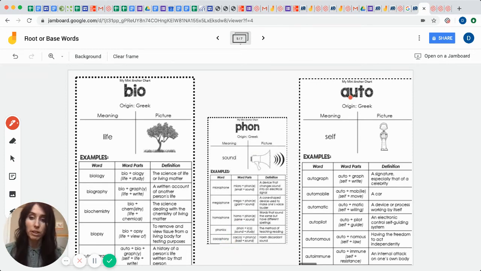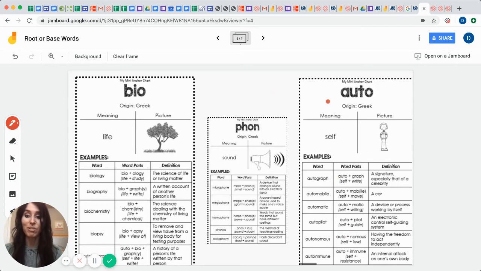Another root word is auto. It's Greek in origin, and it means self. Words that you might be familiar with would be autograph, automobile, automatic, autopilot, autoimmune, and the one you can't see at the bottom is autobiography. Autobiography is great because it ties in both of our Greek words.